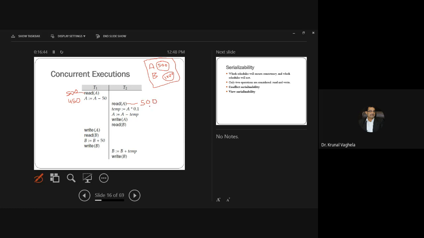Now temp is equal to 50. A is equal to A minus temp. Write A. So now what is A's value? 450. And here also it's 450, because write is performed.